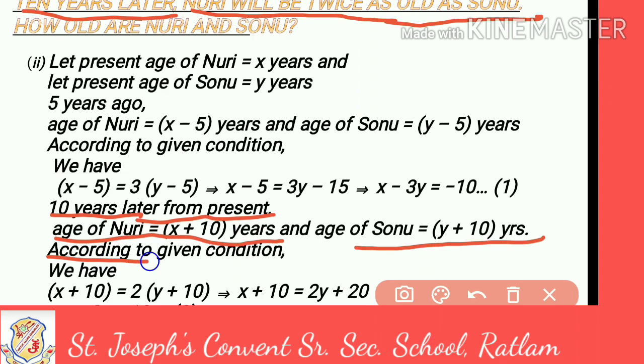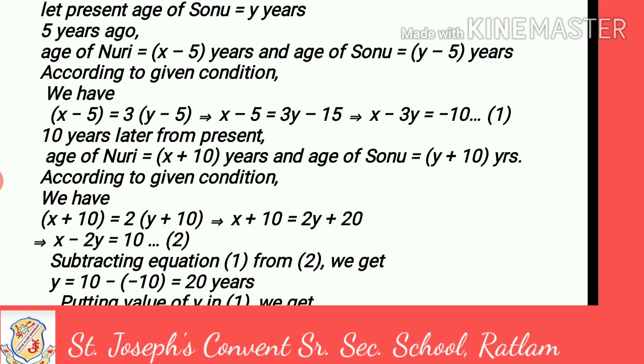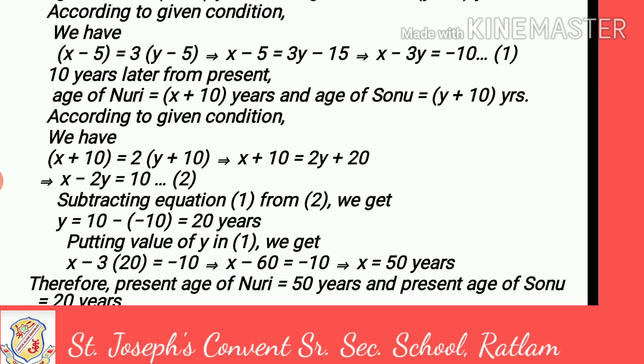Now according to the given condition, from the second line of the statement, you are going to get the second equation. Noori will be twice. Twice means, 10 years later, the relation between them would be that Noori's age is 2 times that of Sonu's age.